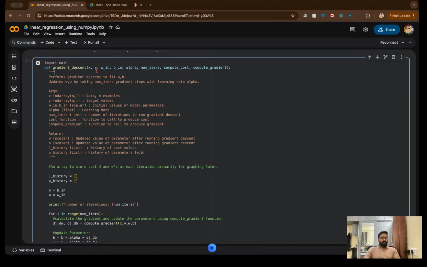Okay, the input features and output targets, the training data set, and the w initial value and b initial value are also needed. Okay, alpha is the learning rate, a float value that we need to give. And then the number of iterations, how many iterations I want to perform. And then compute cost.